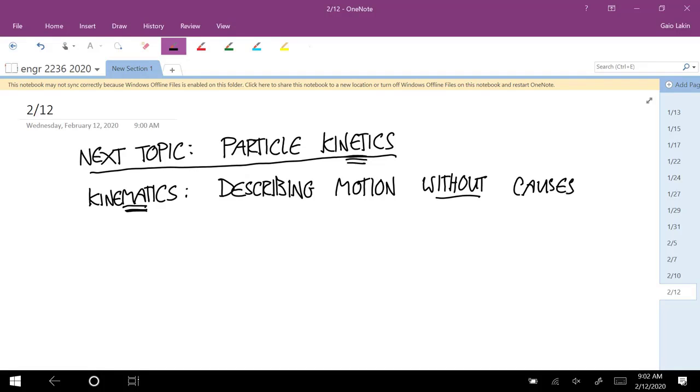And we can think of the causes of the motion as force, mass, energy.